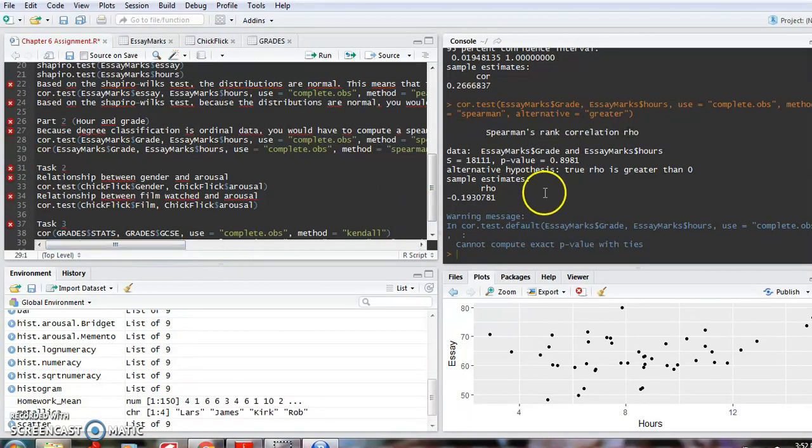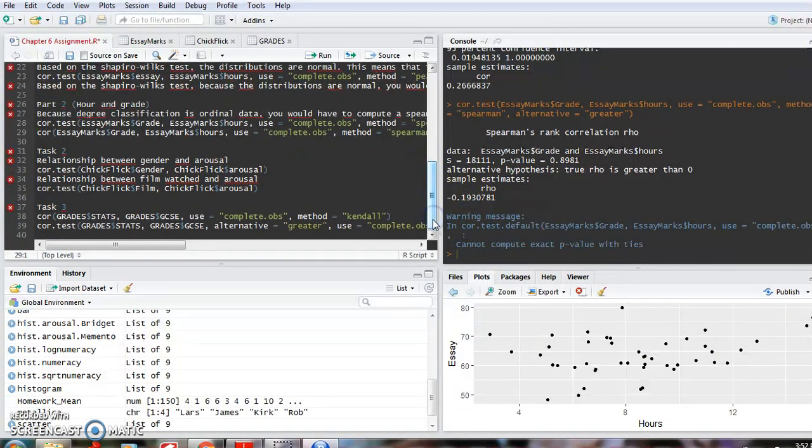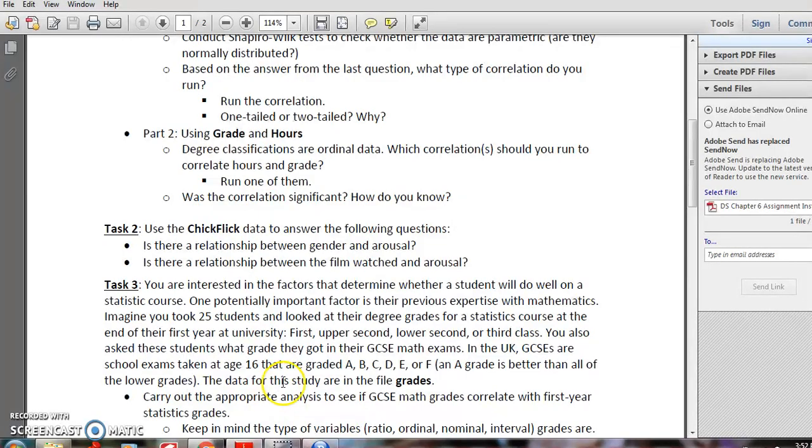So regardless of the negative rho value here, it's a non-significant finding. I answered that question.